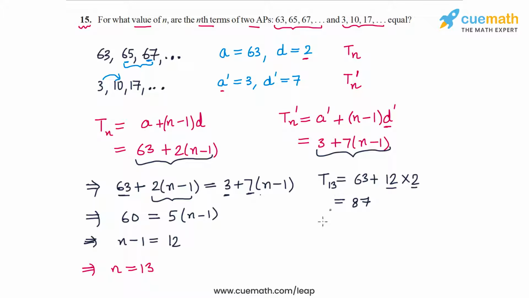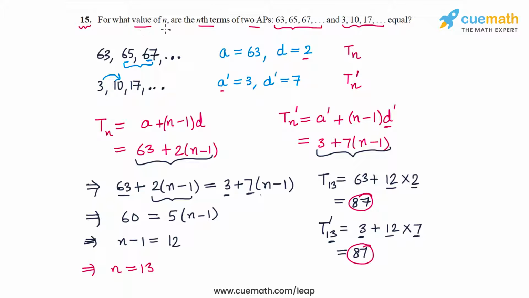So this is the 13th term of the first AP, and the 13th term of the second AP will be the first term 3 plus n minus 1, that's 12 again, into D is 7 in this case, so 12 into 7 is 84, 84 plus 3 is 87. So the 13th terms of both APs are equal, and both are equal to 87.